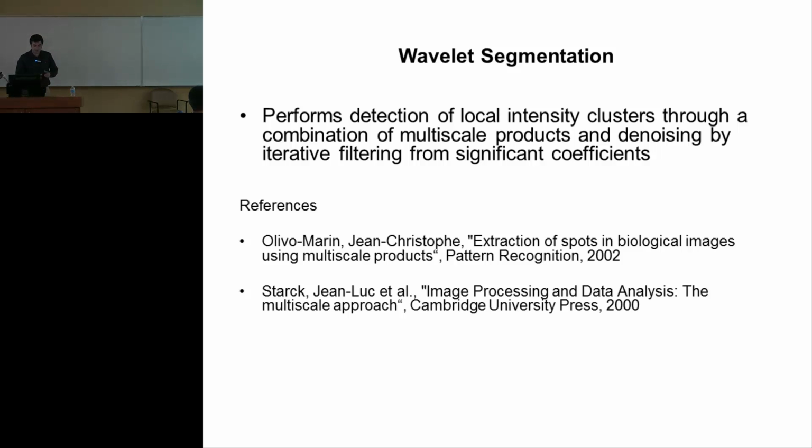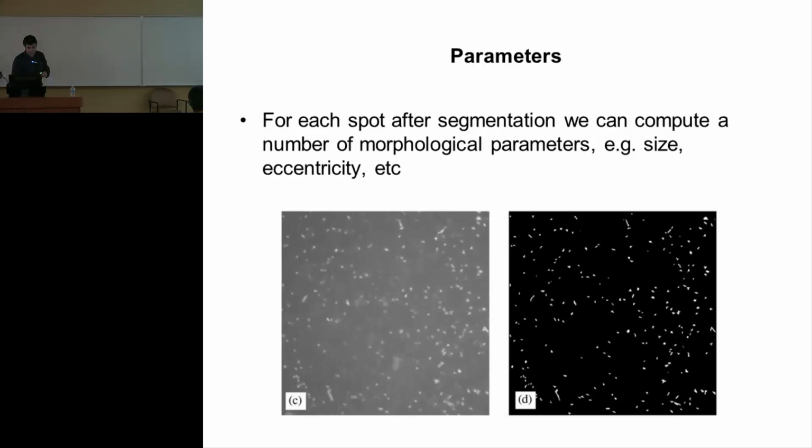I used the wavelet-based segmentation in order to denoise the images and to obtain only clusters of intensity. This is an algorithm developed by Jean-Christophe Olivo-Marin at Pasteur in Paris. What we have here is an image with a lot of background.